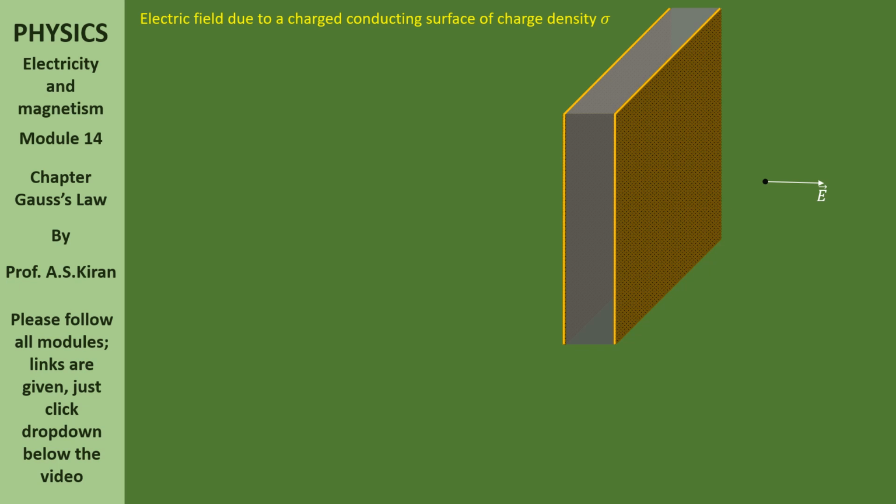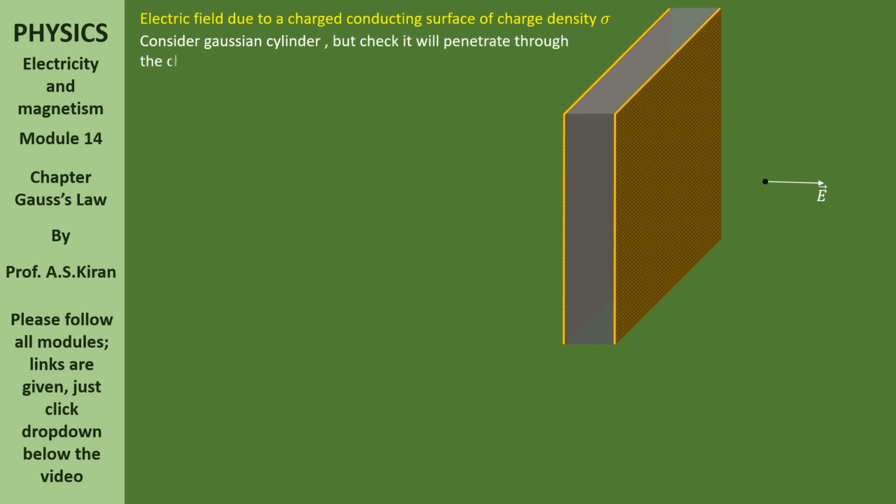Now here, to find the electric field at that point, we are going to consider the Gaussian cylinder once again. The Gaussian cylinder, in this case, need not penetrate to the other side. It is enough to penetrate to the extent that some charge locks inside it.